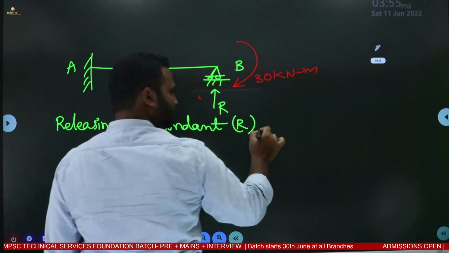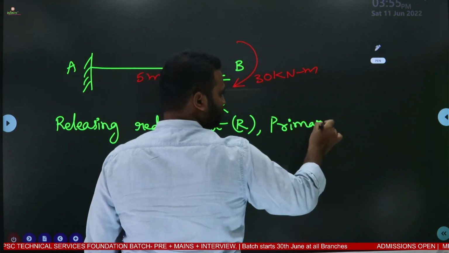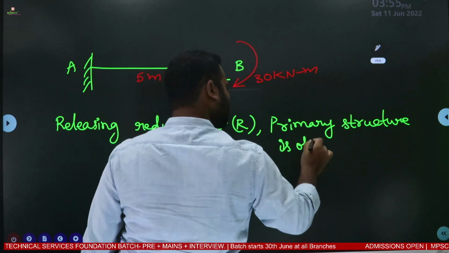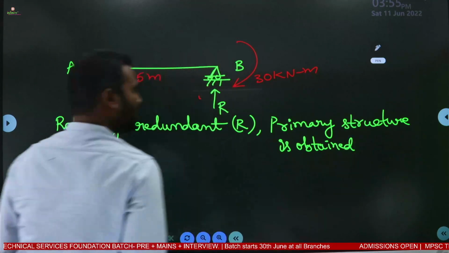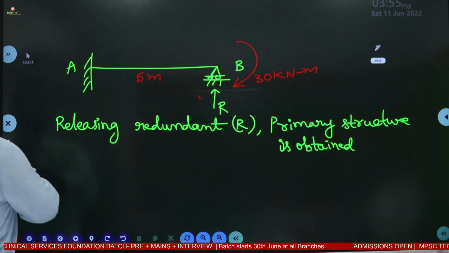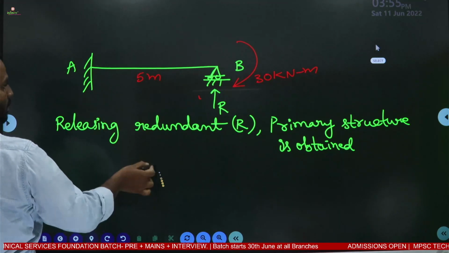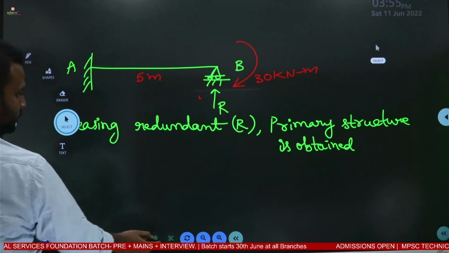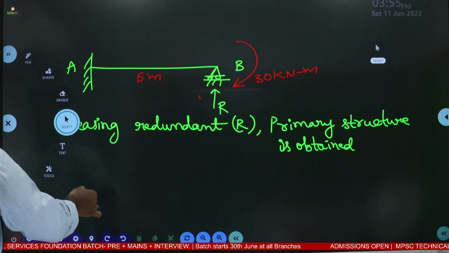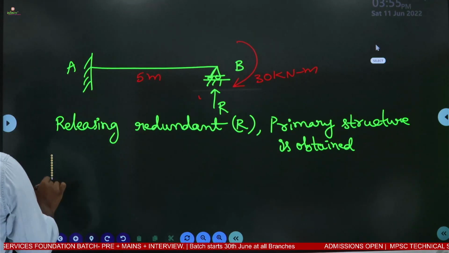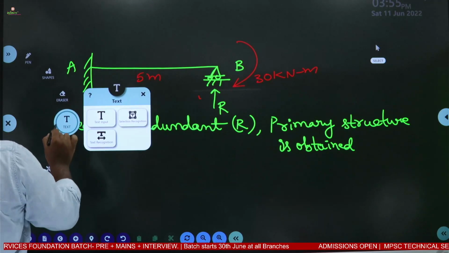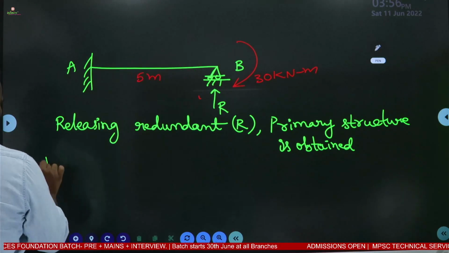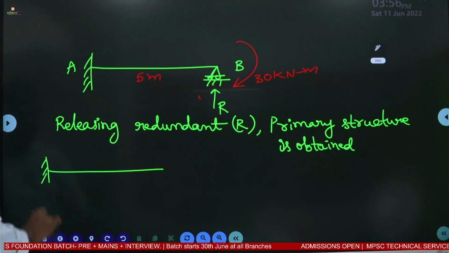Releasing redundant, the primary structure is obtained. Basically, this is the structure we obtain, AB.